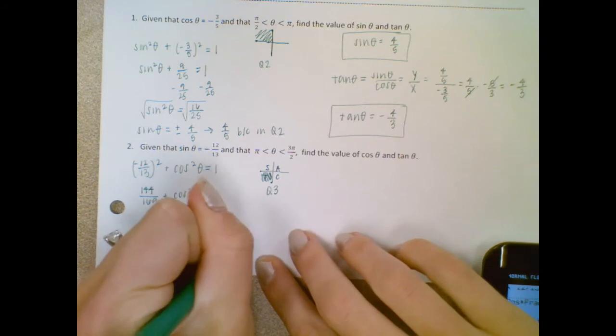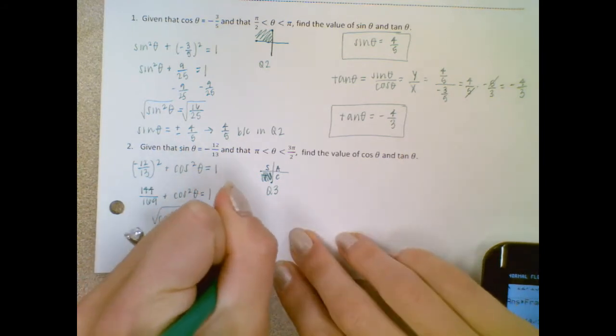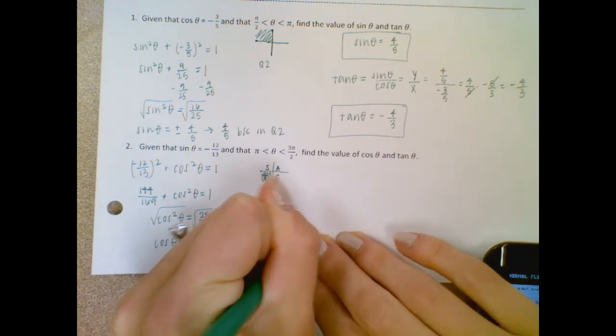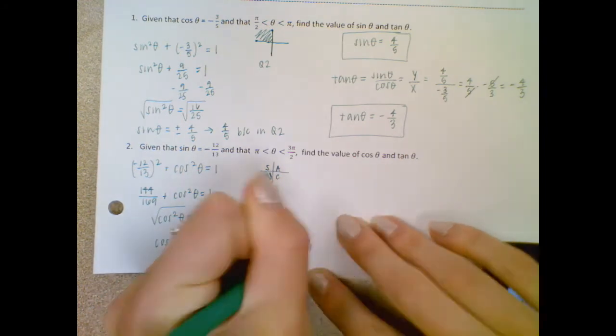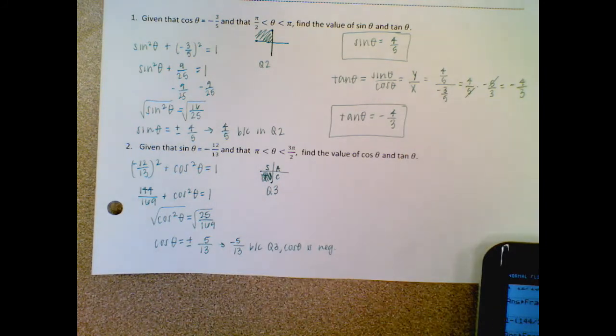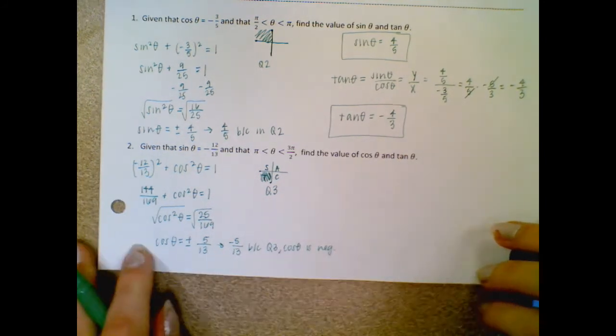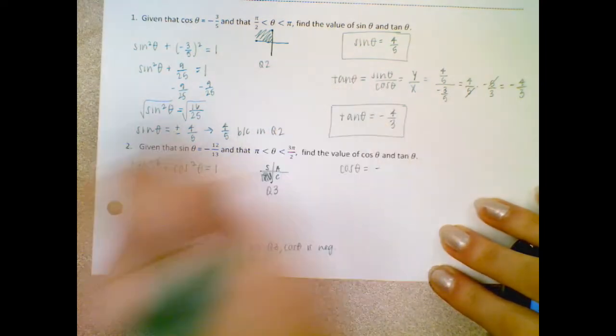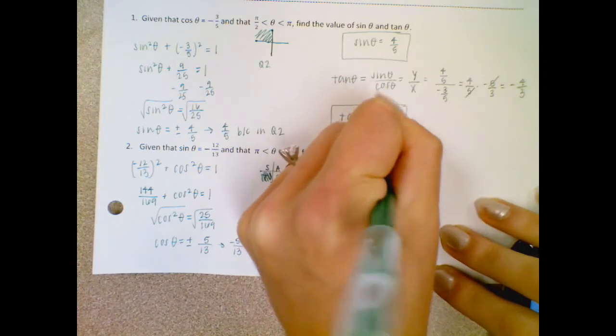I want negative 5 over 13 because in quadrant 3, cosine is negative. Okay? All right, so I get cosine of theta equals negative 5 over 13.